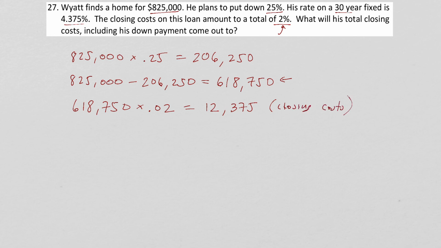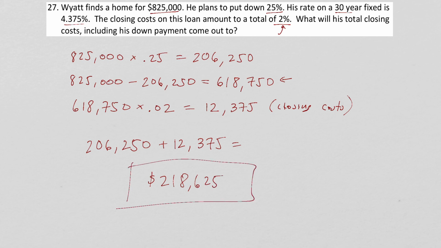So your total down payment, including the closing costs, is your $206,250 plus your $12,375. It'll come out to $218,625. This is what you have to come to the table with to get this loan by putting down 25%.